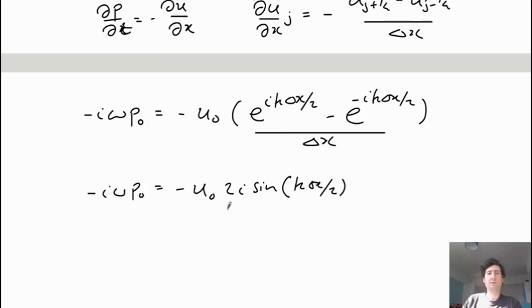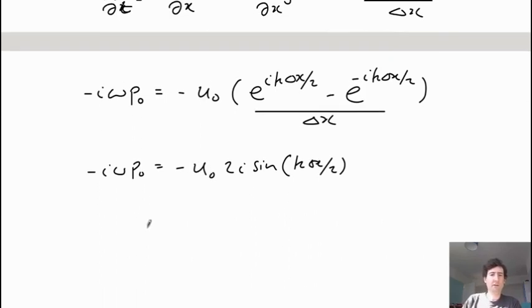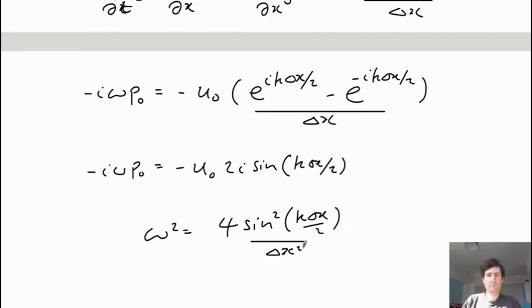And then the same thing for the u equation, because it's basically the same equation with u's and p's swapped around. And so the dispersion relation now looks like this. So we have this factor of 2 in here, of course this factor of 4, and then here we have, because we basically substitute the p equation into this, this factor of 2 comes down here.